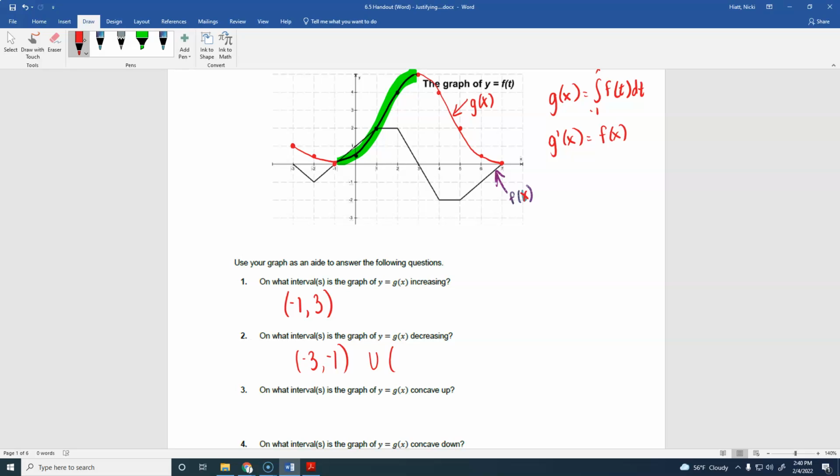Not -1 to 3. From -3 to -1, right here. Where else? 3 to 7. It's from 3 to 7.